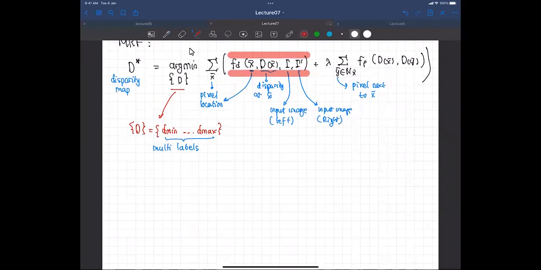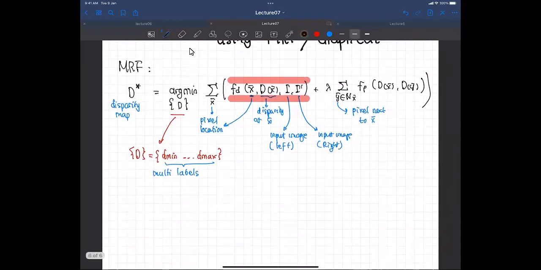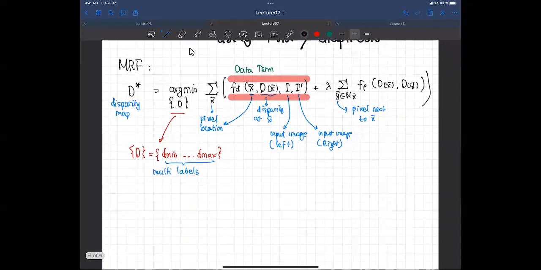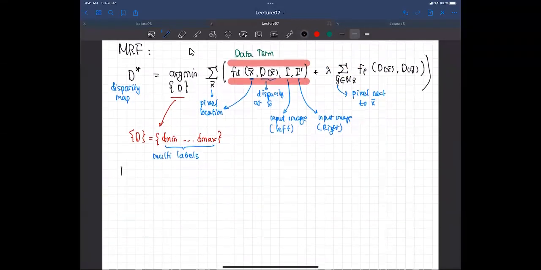That part is called the data term. Again, to remind you, this one is called the data term. So what is the definition of the data term? What is the idea of the data term? Anyone? Okay, so I will give you the equation here first. I prime.